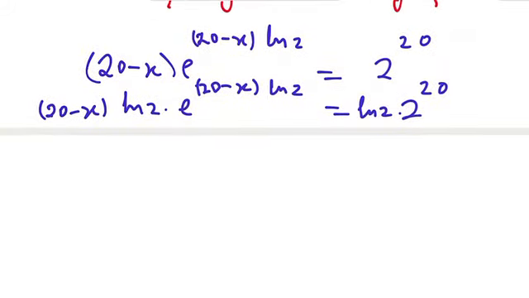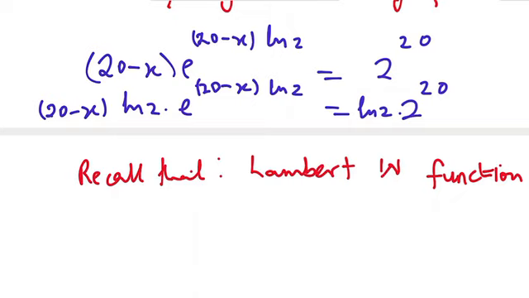Alright, so from here we can now see that we have the coefficient of e and the power of e to be the same. If you look at this side now, you can see that they are now the same thing. So now we are going to recall that when you have the Lambert function of a function a e to the power of a, this is going to be a.